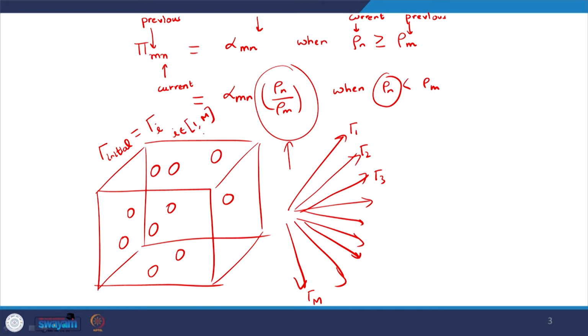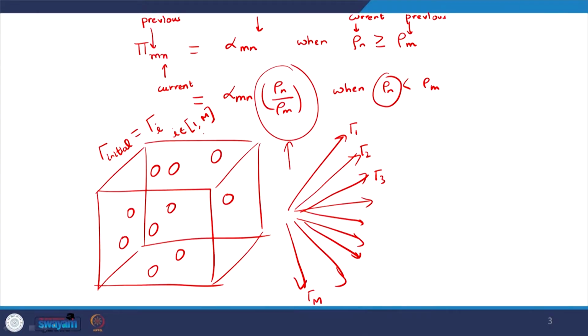Any one of them could have been picked whenever I am doing the simulation setup. How exactly we will do that, we will come back to that point. One of the possibilities is we randomly generate particles in a cube. We will revisit that point, but keep in mind that whatever my initial gamma is, it is chosen among the state space. Now, I will make some movement, and that is an artificial movement, nothing to do with the actual dynamics of the system, that leads to a transition from this initial state to some new state.